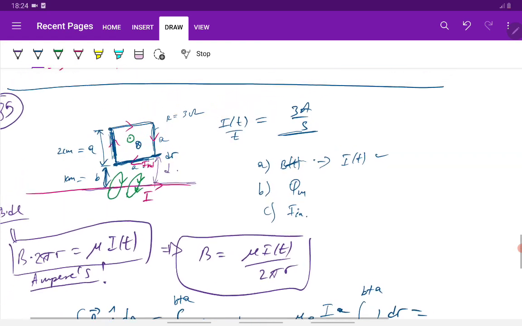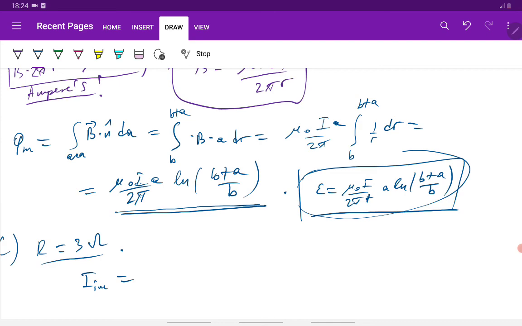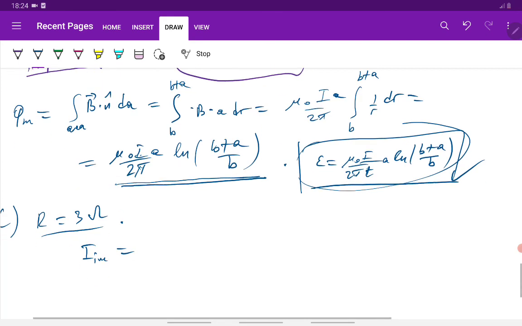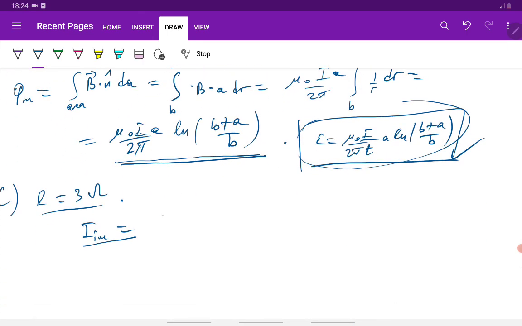We are given these values, so we can substitute everything here. The induced current in this circuit will be just, using Ohm's law, the EMF over R, where R equals 3 ohms.